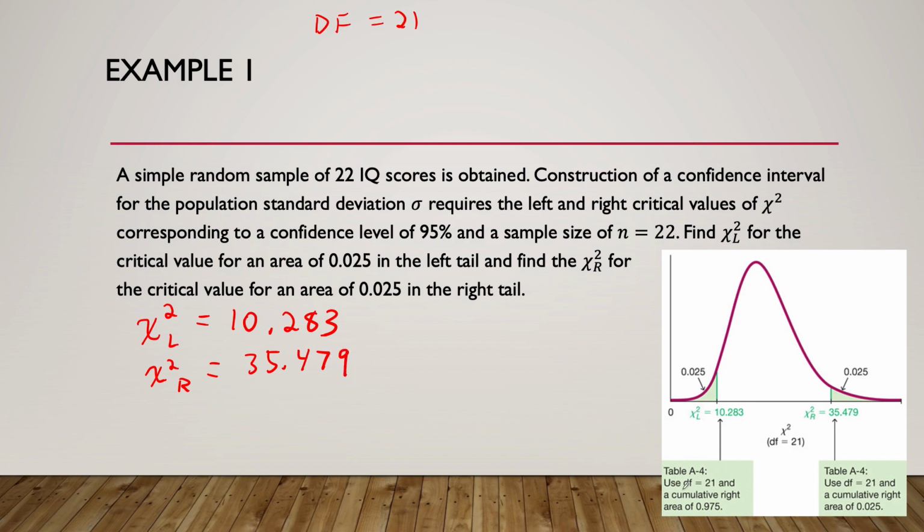Inside the textbook, it uses that degree of freedom of 21 and a cumulative right distribution of 0.975 and 0.025 for the left and right, respectively. And inside of SAS, it's very similar to that. Let's look at the video for the chi-squared confidence interval. But we would have those two, and that is what we would use for a part of the calculation for the confidence interval.